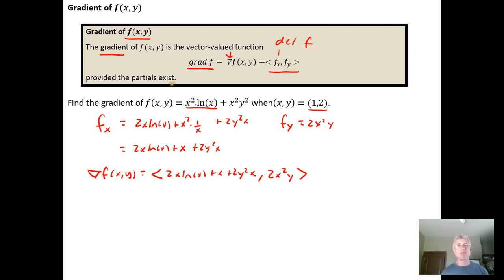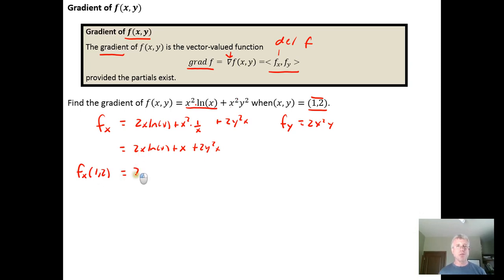But if we're being asked for a specific gradient, for a specific ordered pair 1, 2, we could just plug 1, 2 into the two terms. So the specific gradient we're being asked for requires us to evaluate the partial derivative with respect to x at 1, 2.